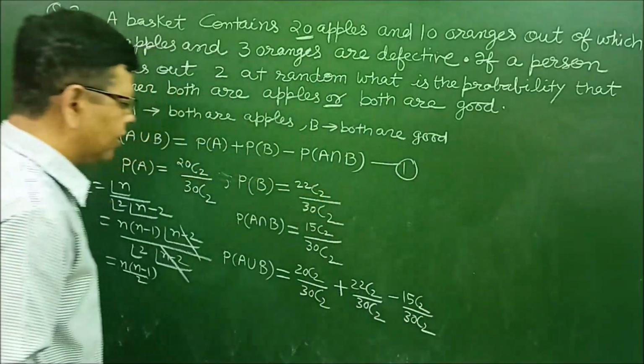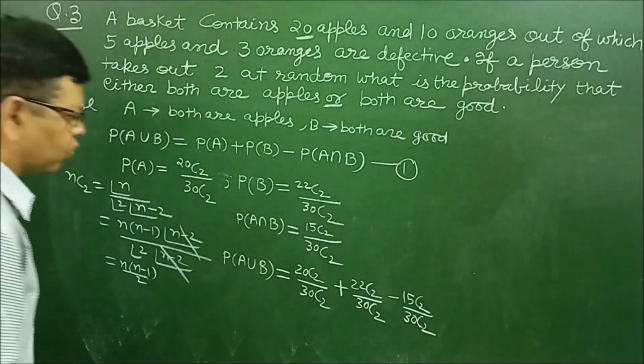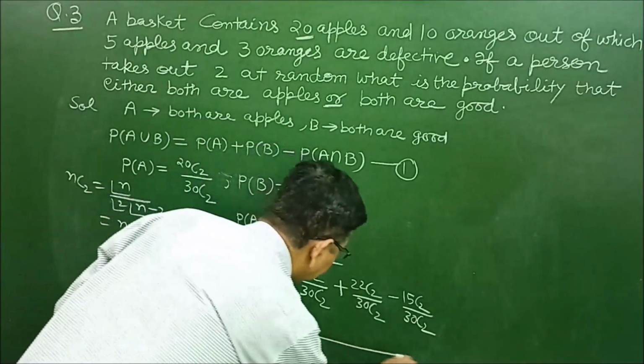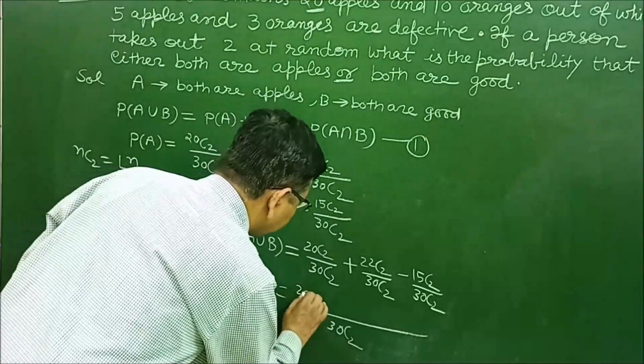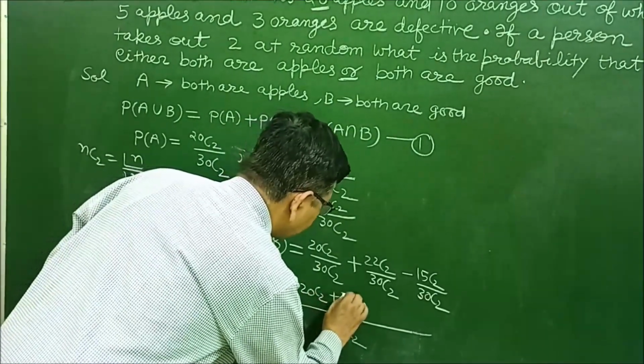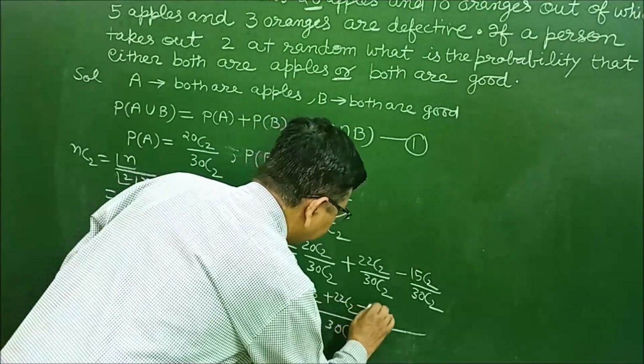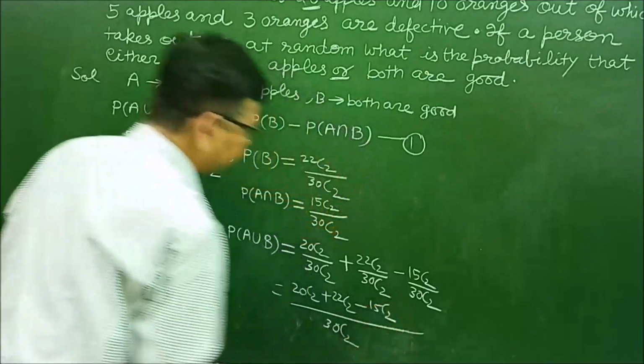Now let us take the LCM. LCM is 30C2, and in the numerator we have 20C2 plus 22C2 minus 15C2.